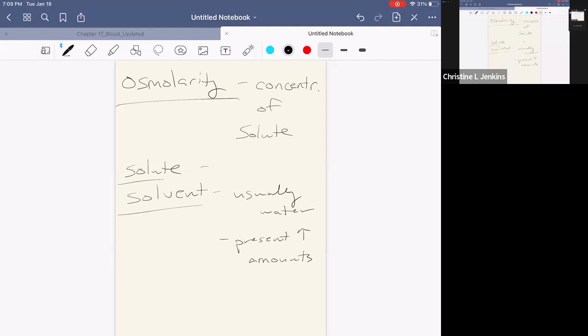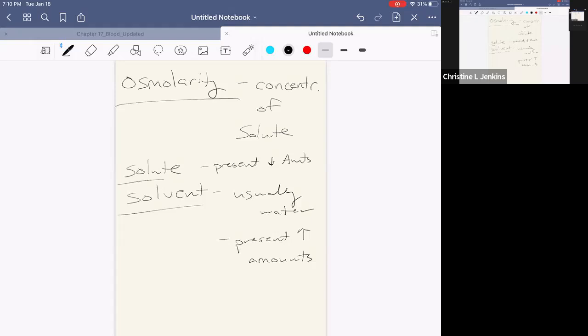In Kool-Aid, the solute is the sugar powder, and the solvent is the water. The solvent is the solvent because it's what there's more of. It's what things dissolve in. The solute is what's present in smaller amounts. So therefore, osmolarity is the concentration of the solute.